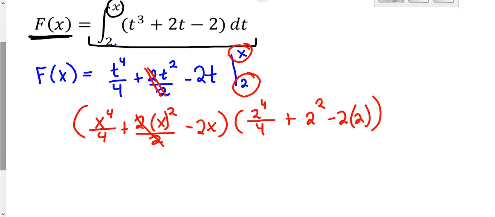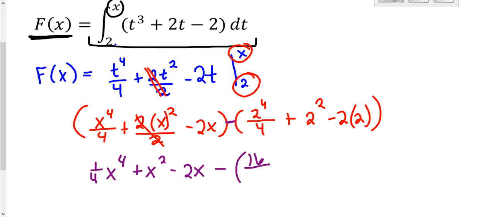So simplify this out. We get 1/4 x to the 4th plus x squared minus 2x. Oh, and there's a minus in the middle there. Minus 2 to the 4th. 2 times 2 is 4, times 2 is 8, times 2 is 16.